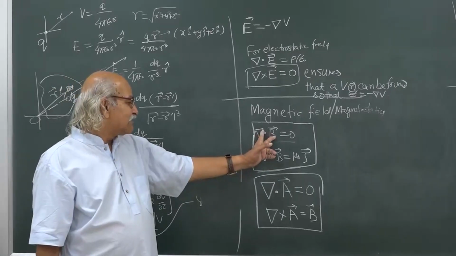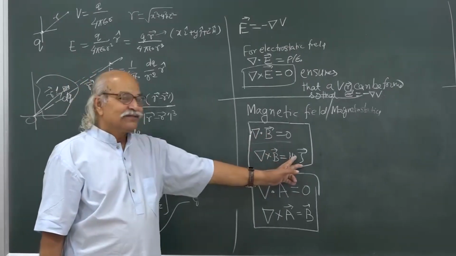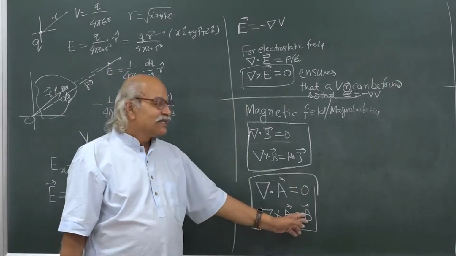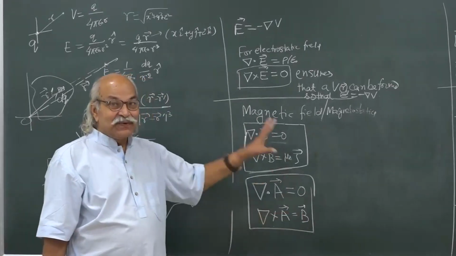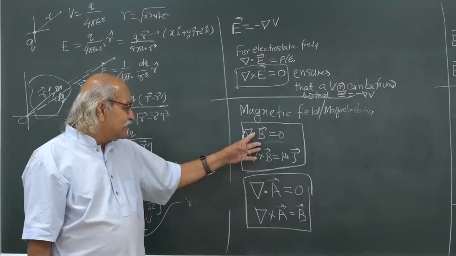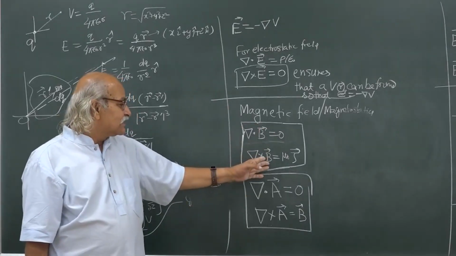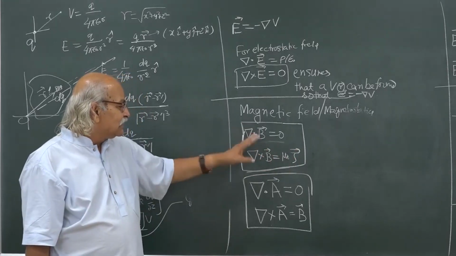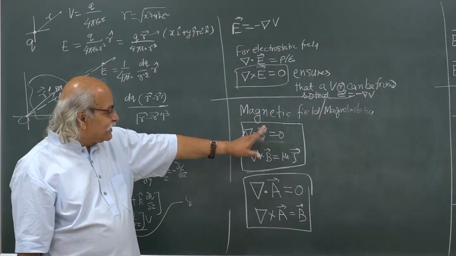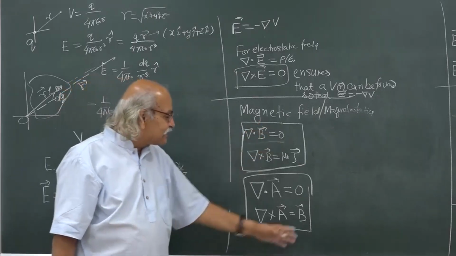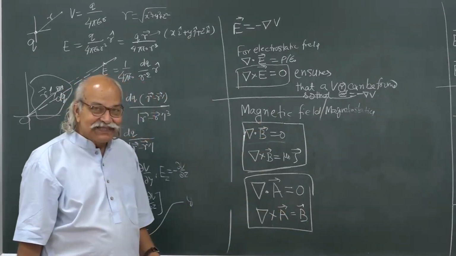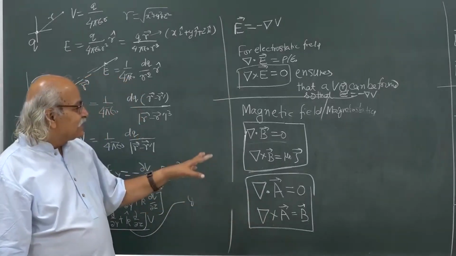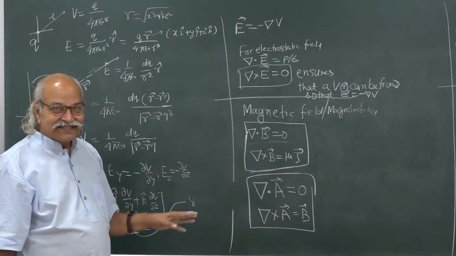Divergence is 0 and curl is not 0, some function. So, we will exploit this symmetry. We know many of the results, this kind of J will produce this kind of B. So, using those symmetries, we will be finding if this is the magnetic field, this will be the magnetic vector potential, and so on. We can do all those things.